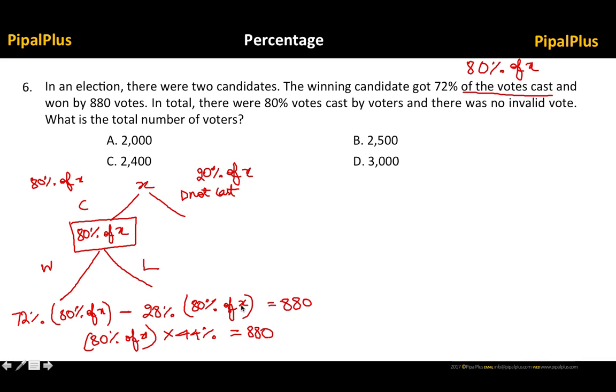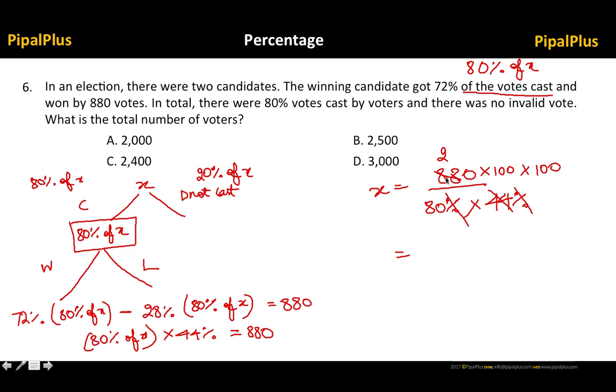Now if we simplify this, we get X equals 880 divided by 80% and divided by 44%. I can remove these percentage signs and multiply by 100, cancel out this 44, and this becomes 2.